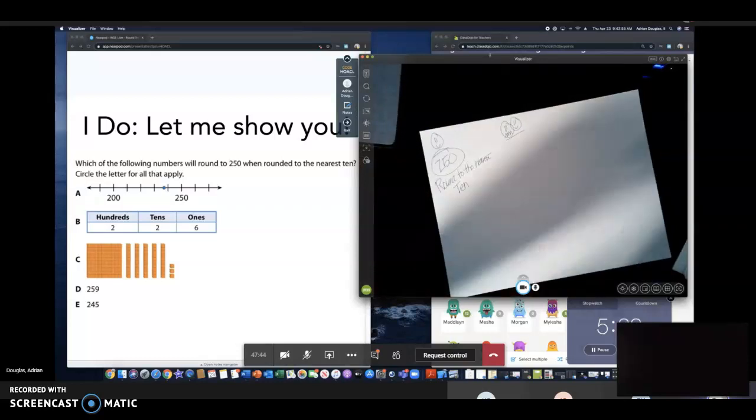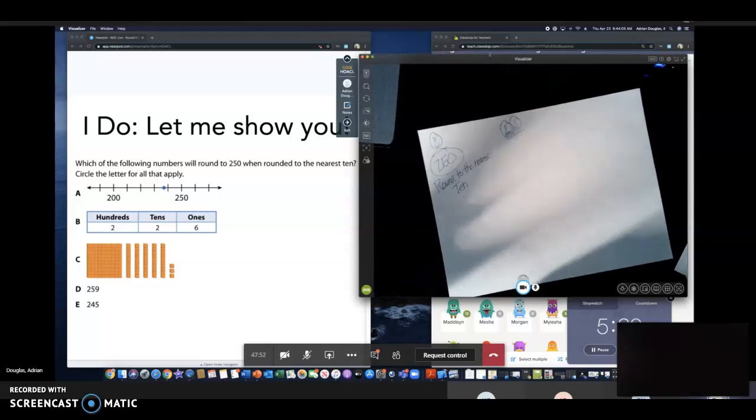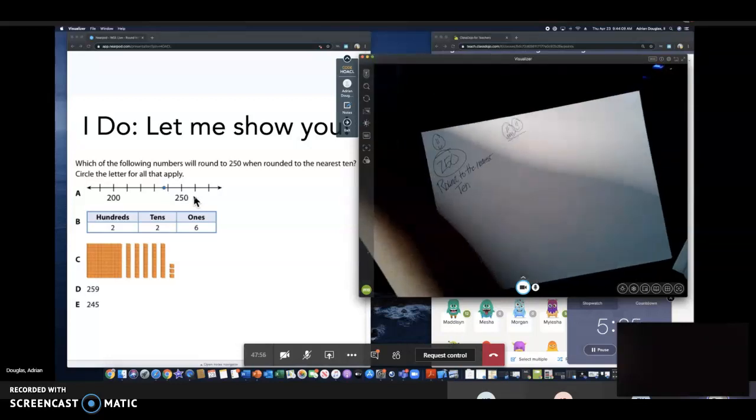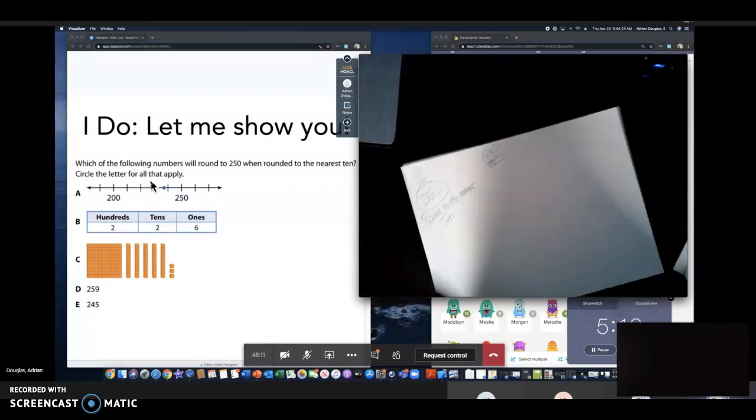I'm looking at these numbers, and I need to figure out which of these numbers rounds to 250 at the nearest 10. I see that my answer choices are represented by number line diagram, by place value, base ten blocks, and also in standard form. I want to convert every single answer choice to standard form.